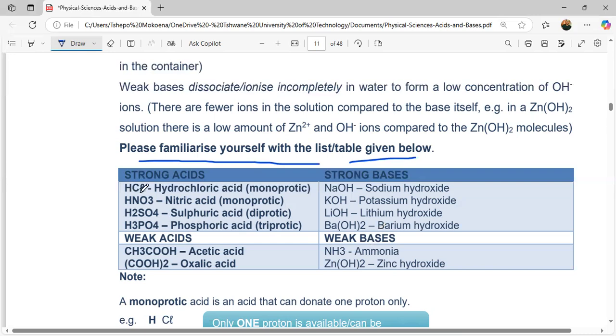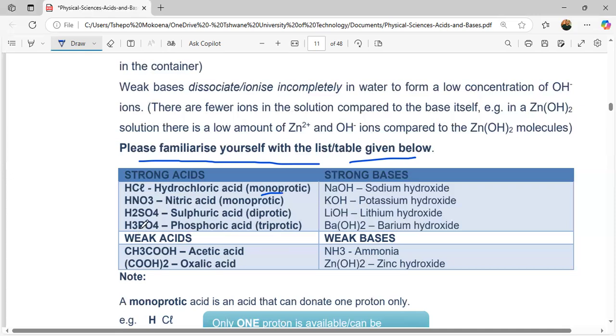So HCl, HNO3, H2SO4, H3PO4. Hydrochloric acid is monoprotic, and I have explained what monoprotic means: it donates once. Another monoprotic acid is nitric acid. We have sulfuric acid, which is diprotic. How do you see that it is diprotic? Because it has H2, meaning it will donate two protons. And then phosphoric acid is triprotic, meaning it can donate three times.